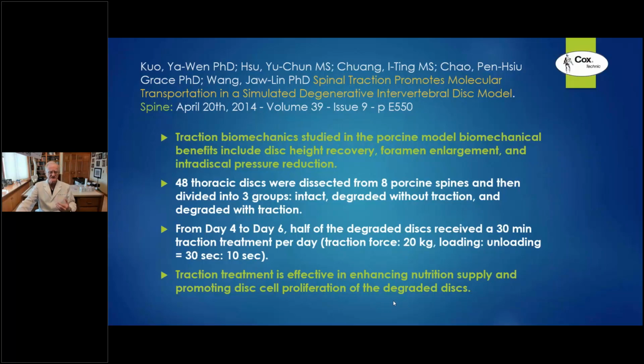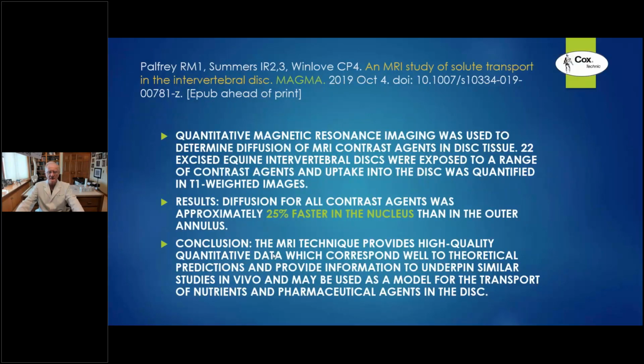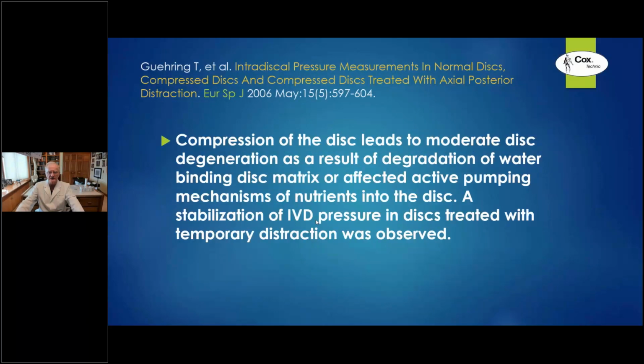I sense from this, and when I look at the first study I gave you, an extension of the biology of the intervertebral disc by Peter Ghosh, that we are getting closer and closer to coupling, in my opinion, the nutrition and the effects of distraction manipulation in stopping degeneration and inciting regeneration of a disc. Palfrey wrote that diffusion for all contrast agents was about 25% faster in the nucleus than in the outer annulus.